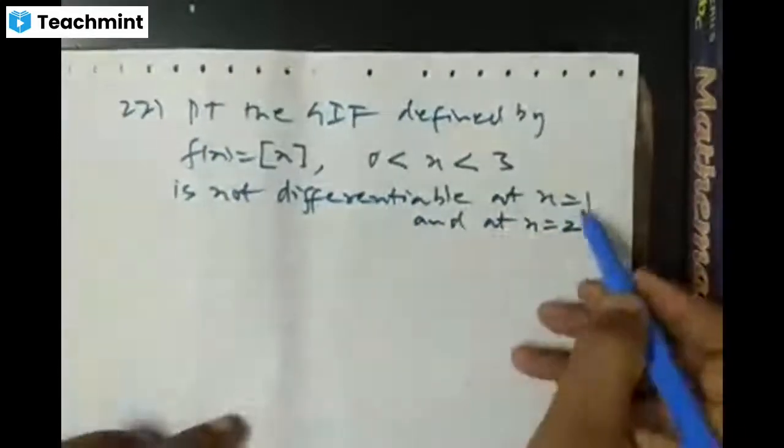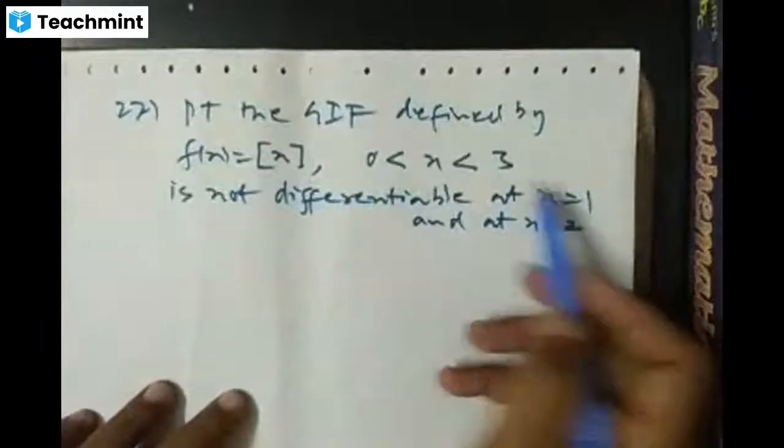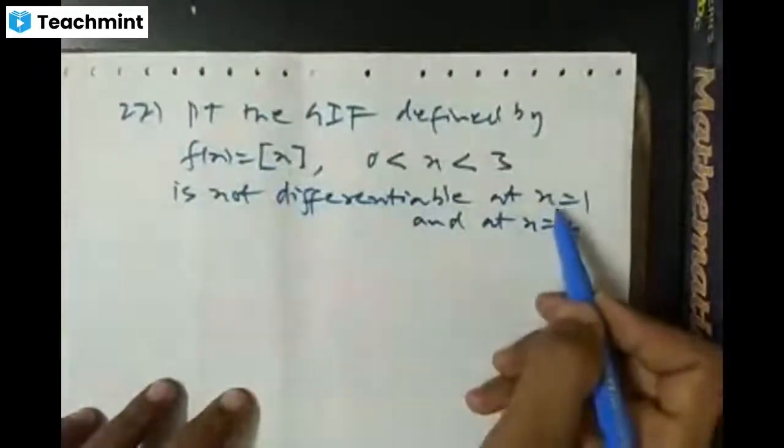Okay, I'll do only the first part. I'm going to show that the greatest integer function is not differentiable at x equal to 1.